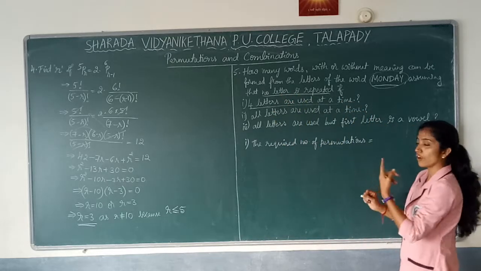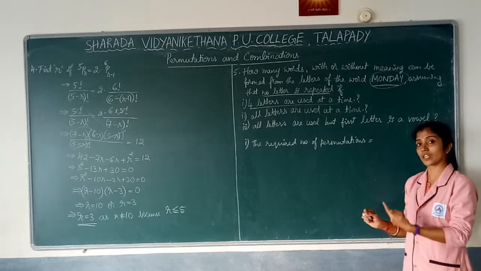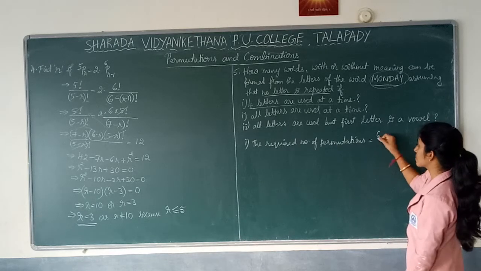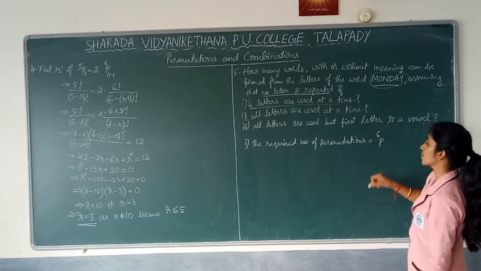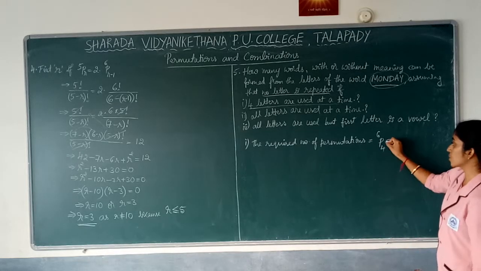So it comes under the formula nPr is equal to n factorial divided by (n minus r) whole factorial. So 6 objects are available, but how many have to be taken at a time? Only 4. So it is equal to 6P4.